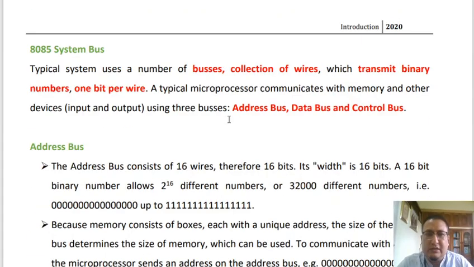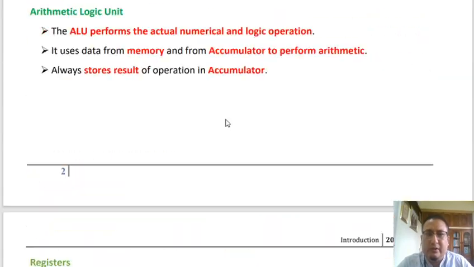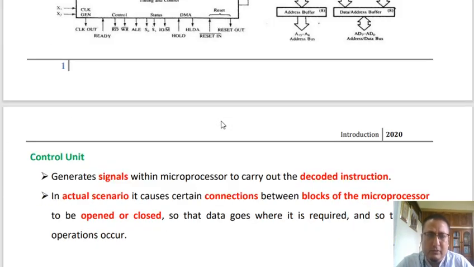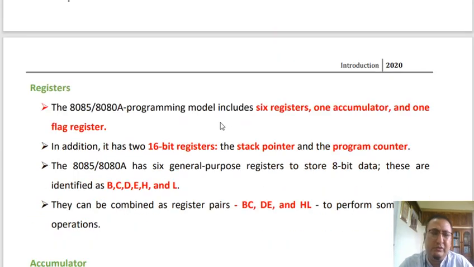So in today's class, we have learned about the basic architecture of the 8085 microprocessor. We have discussed the various identifiable units. The associated signals will be discussed in the next class, when we discuss the pin configuration of 8085. We have discussed the role of the control unit and the arithmetic logic unit.